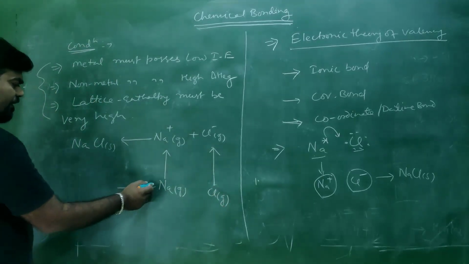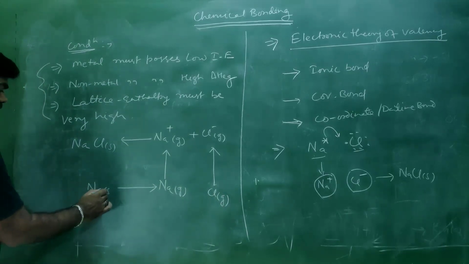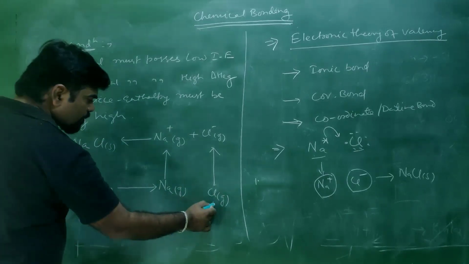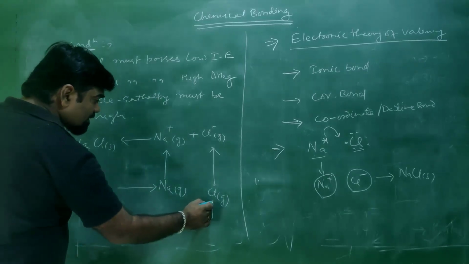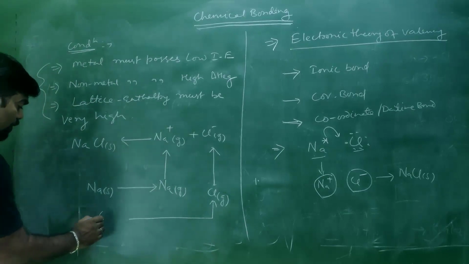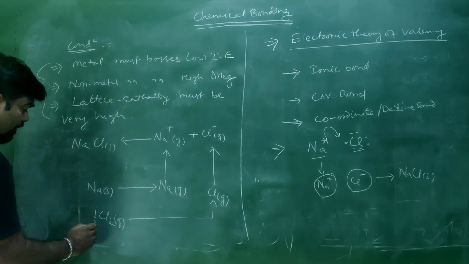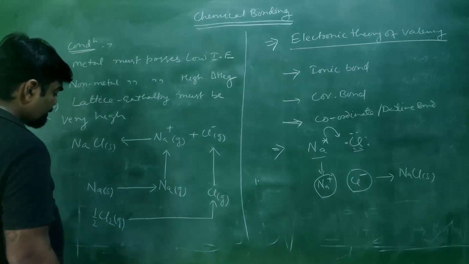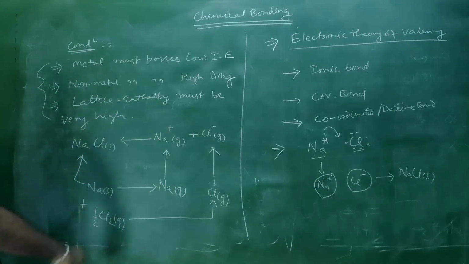Na gaseous atom is produced from Na solid, and chlorine gaseous atom is produced from chlorine molecule, which is a gaseous molecule, by using dissociation enthalpy. Then Na plus half Cl2 will form NaCl crystal.